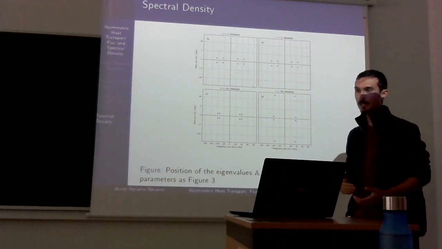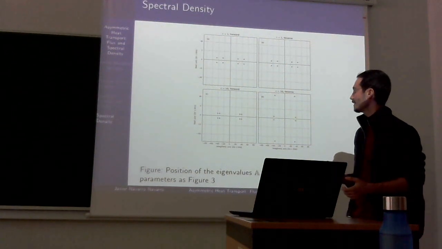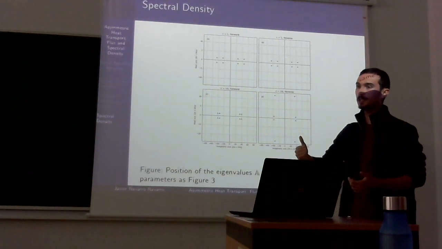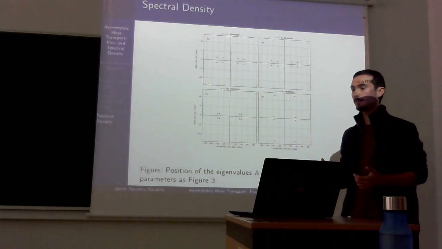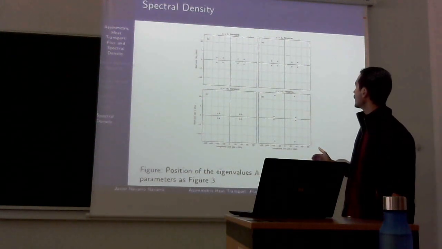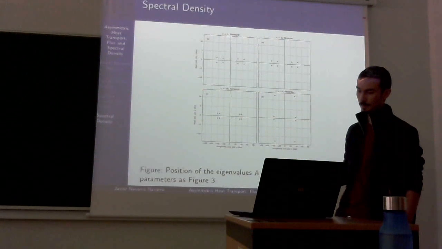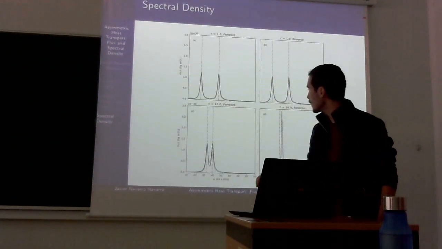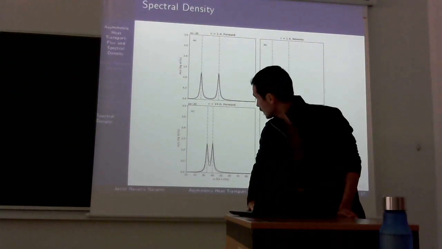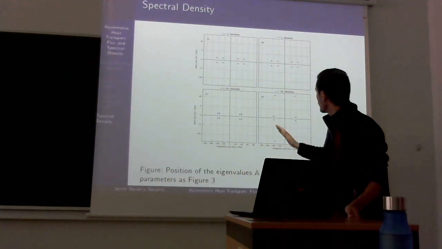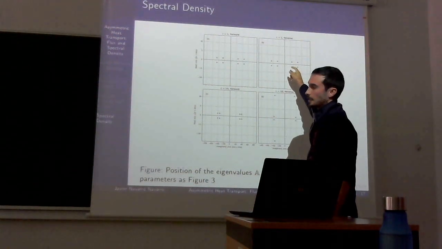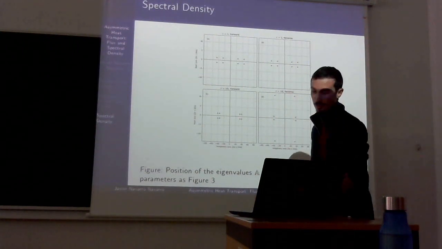Since we have dissipation, the eigenvalues of A are going to be complex because we have some oscillation, but at the same time, the modes are going to decay. In this figure, we only see positive frequencies, so we have to look at this place, and each pair of two eigenfrequencies is going to produce the peaks.